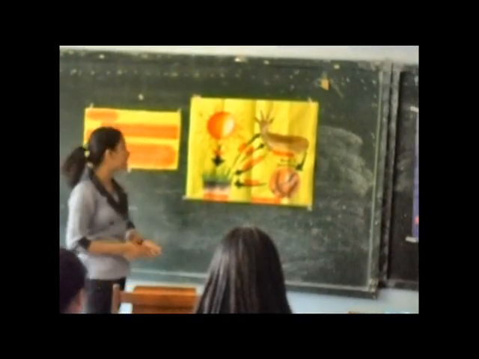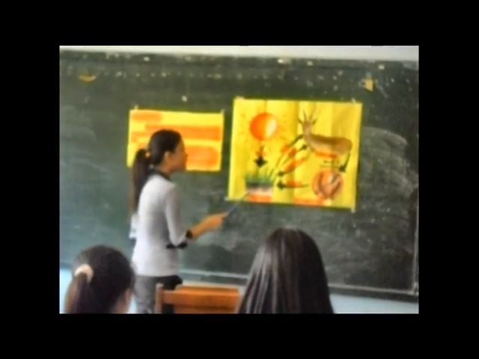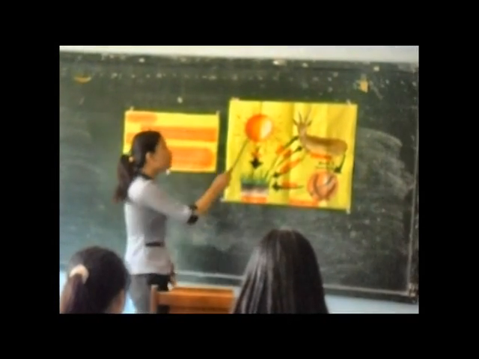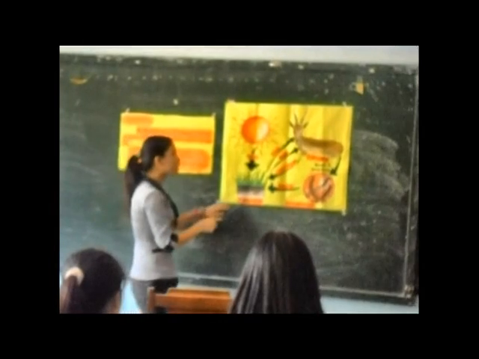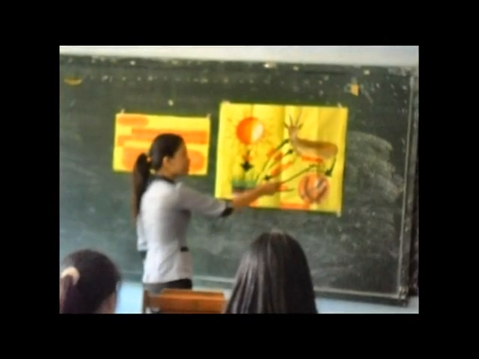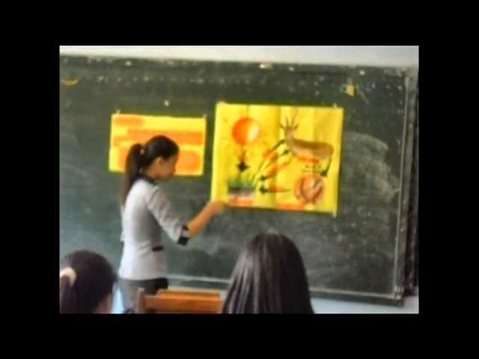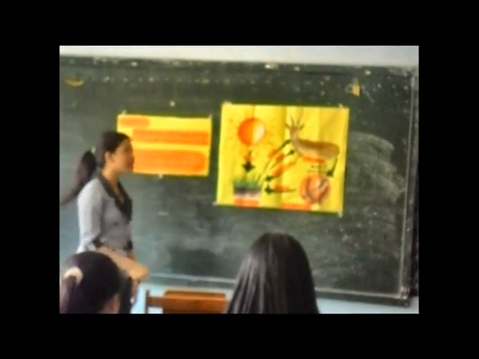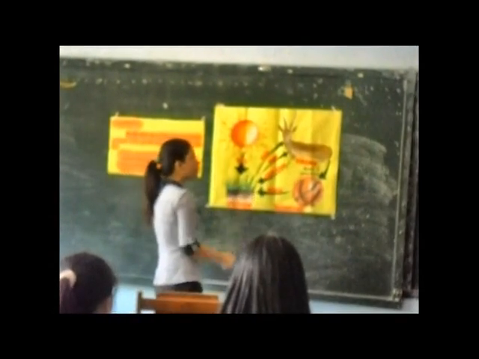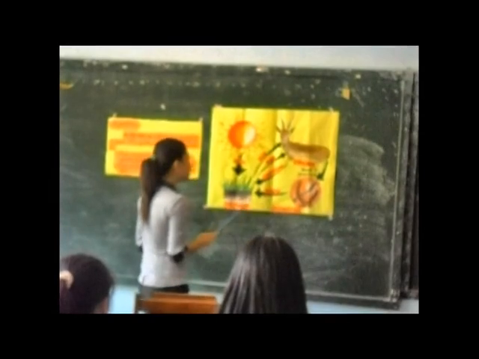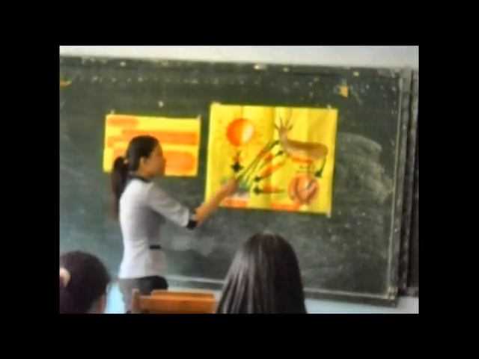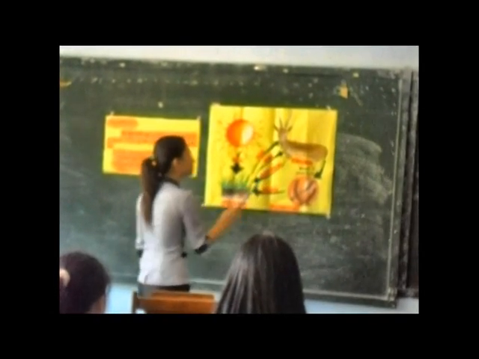So here you can see these are the producers, which are the plants. The plants get their energy from the sun. The producers serve as the food for the consumers, and they are the source of oxygen for the consumers. And also, the consumers are the source of carbon dioxide for the producers.